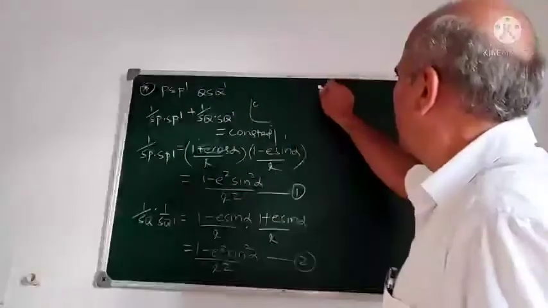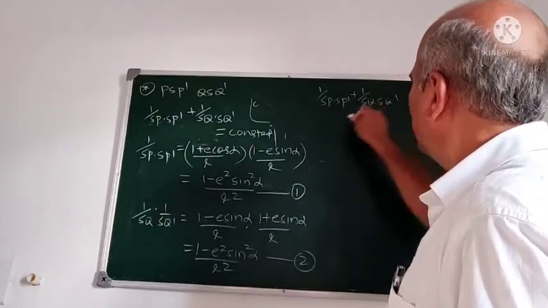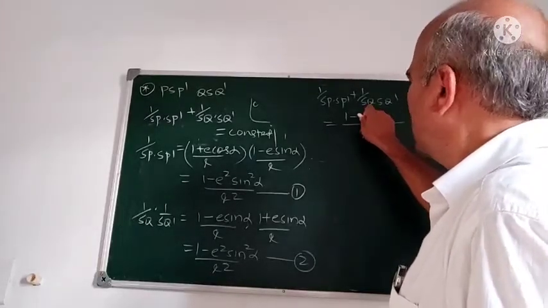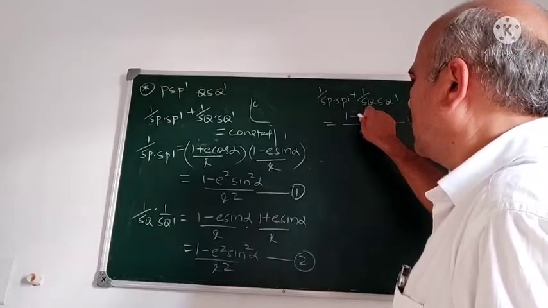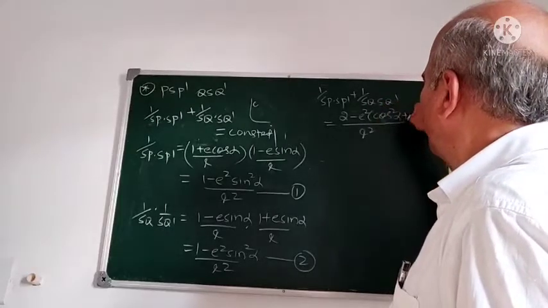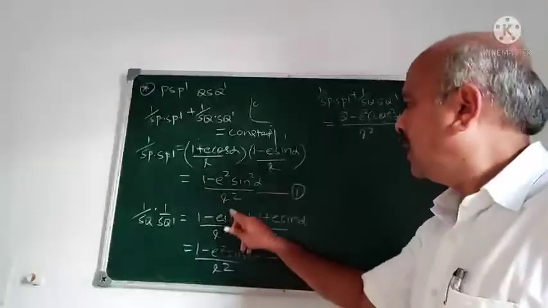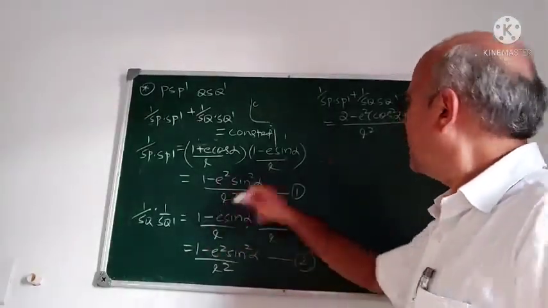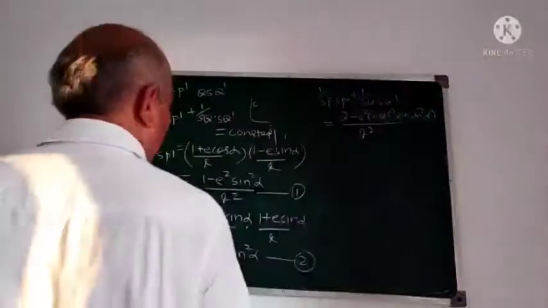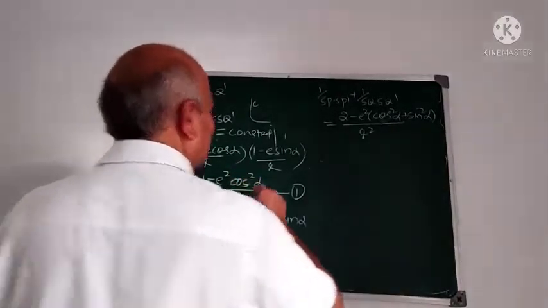Adding 1 and 2, we get 1 upon SP into SP dash plus 1 upon SQ into SQ dash is equal to, l square common, 1 plus 1 is 2 minus e square into cos square alpha plus sin square alpha, because how do you add this? l square common, 1 plus 1 is 2 minus e square, cos square plus sin square. 1 minus e square cos square alpha, it is, correct?